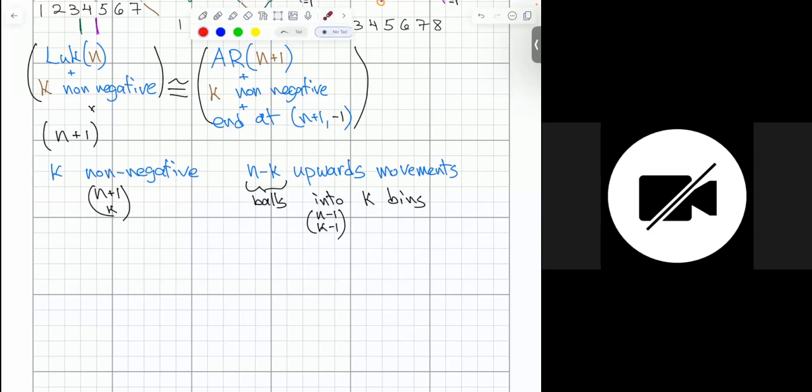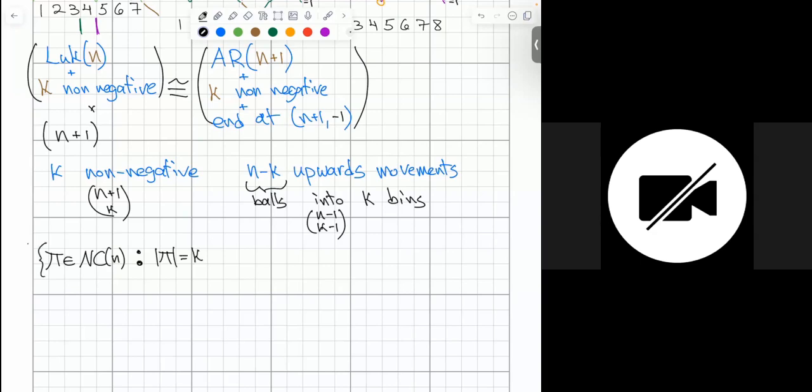What this means, and we should not forget this number over here, is that we had the Lukasiewicz paths with k non-negative steps in bijection with the thing that we want to count to begin with, which was the number of non-crossing partitions of n elements such that the number of parts is exactly k.